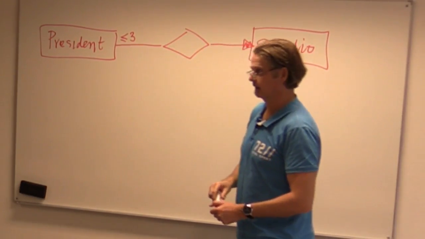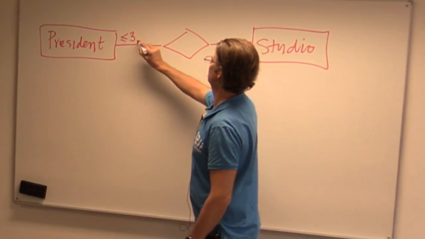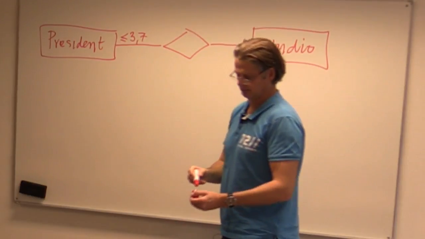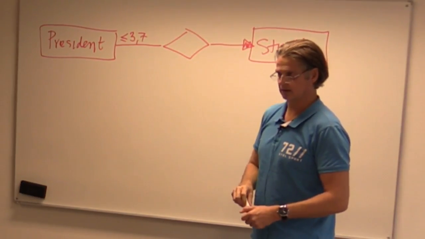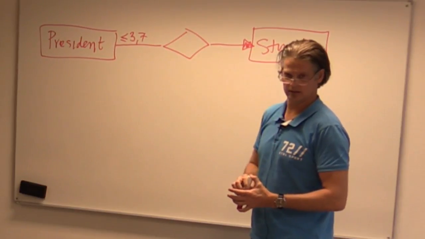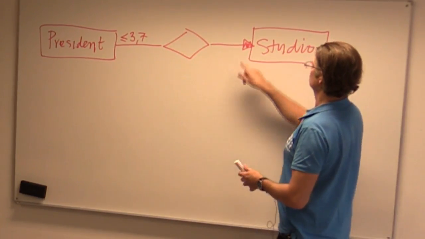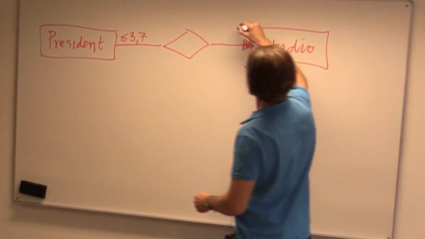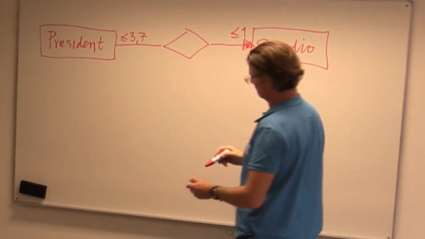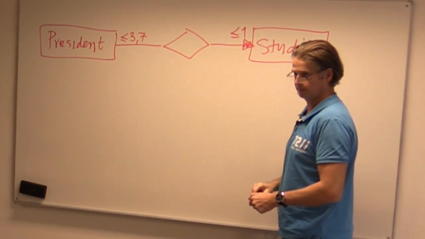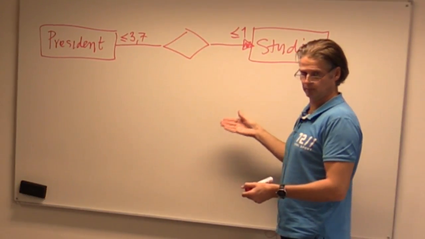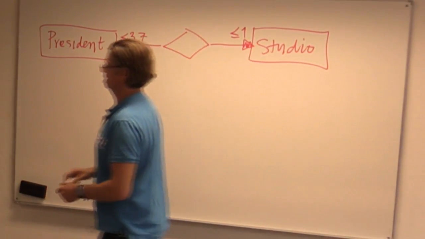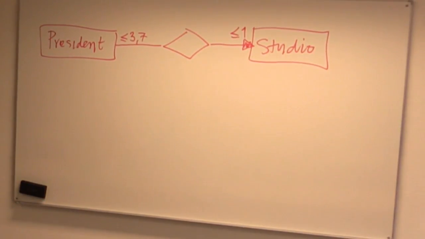And if you are using the UML notation, I can actually do this, which means 3 or less, or exactly 7 presidents. So that one, which meant 0 or 1, could easily be written that way. So if you want to, you can be a bit more explicit. Choose whatever you feel like. It should make you perhaps a bit more comfortable if you are using those more exact conditions, but it's up to you.